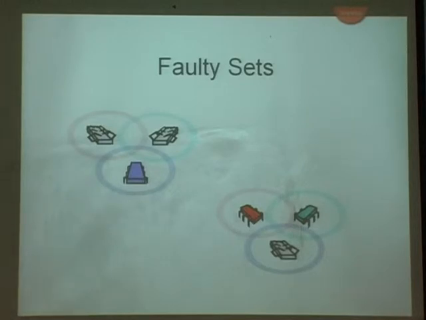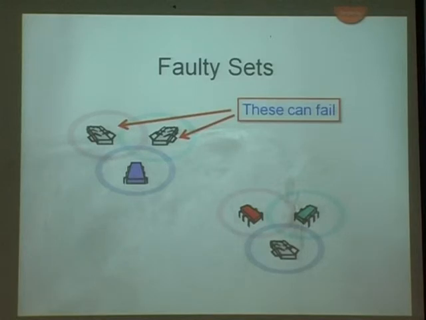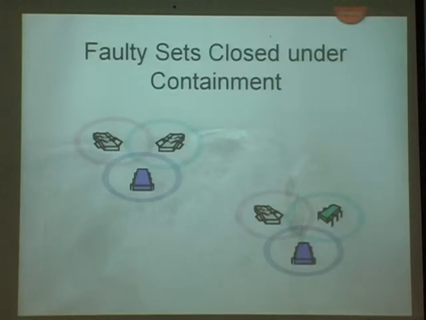We'll say the adversary is allowed to fail these two processes if it wants to. The adversary is allowed to fail that process if it wants to. So you can just list the set of processes that adversaries are allowed to fail. One can fail or the other, but maybe that's it. So the adversary is restricted, but subject to these rules, it can be as nasty as it wants to be.